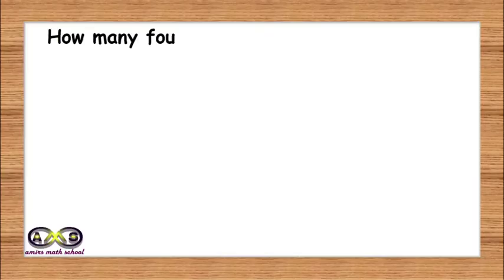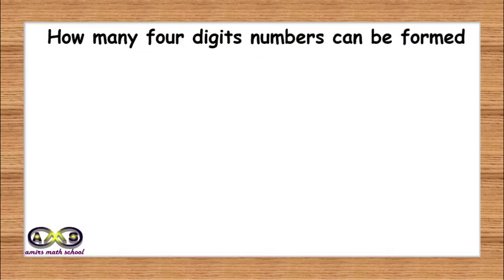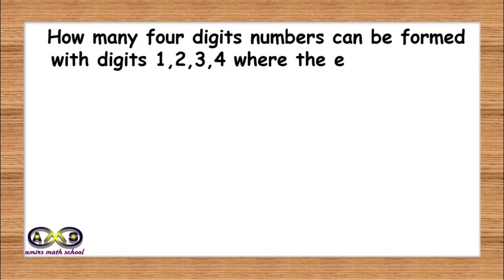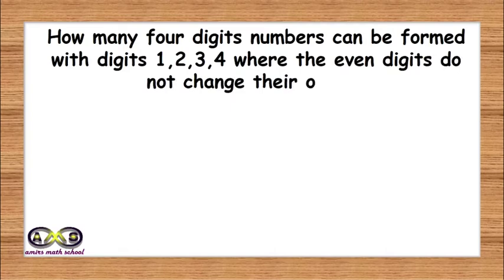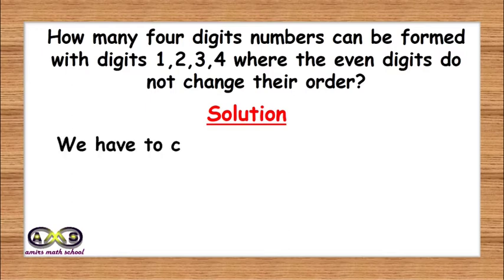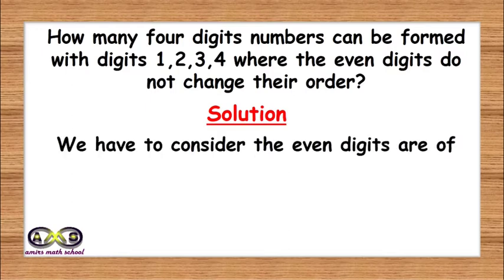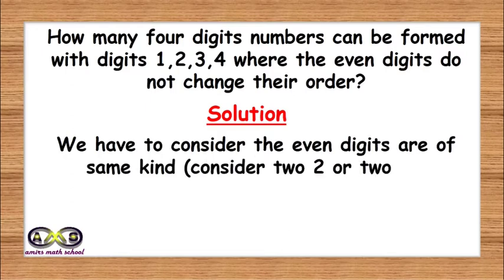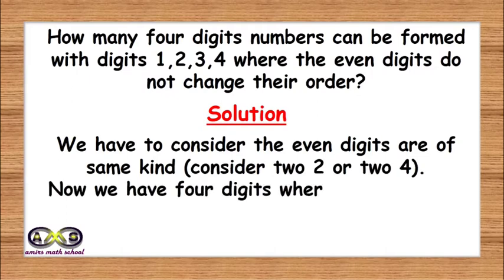For example, how many 4-digit numbers can be formed with digits 1, 2, 3, 4 where the even digits do not change their order? The solution: according to the formula, we have to consider the even digits as the same kind. In this case, consider 2, 2 or 2, 4. Now, we have 4 digits where 2 are of the same kind.